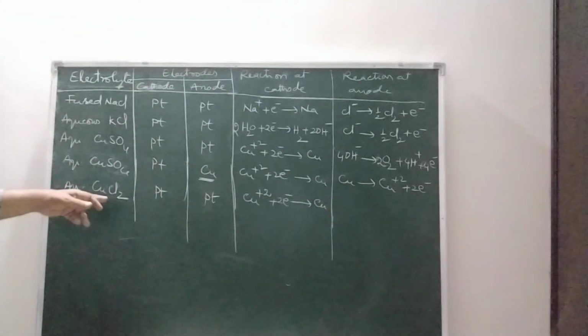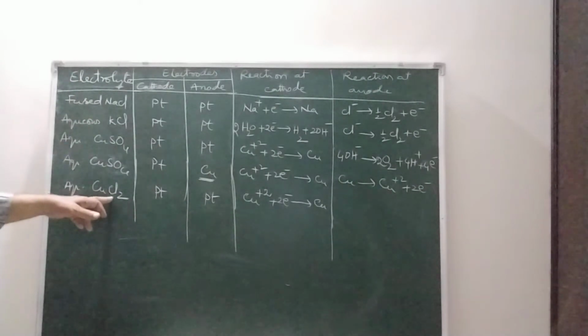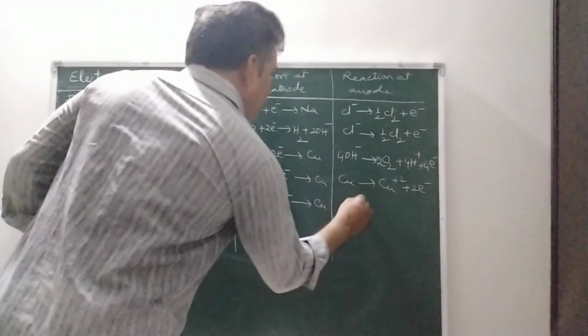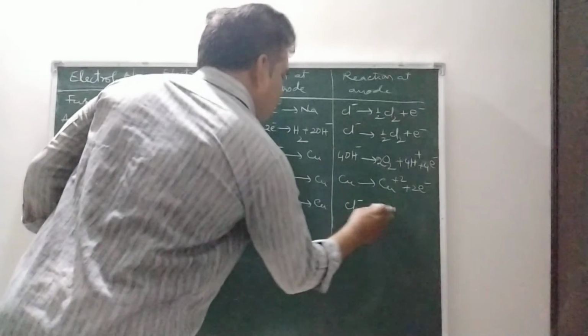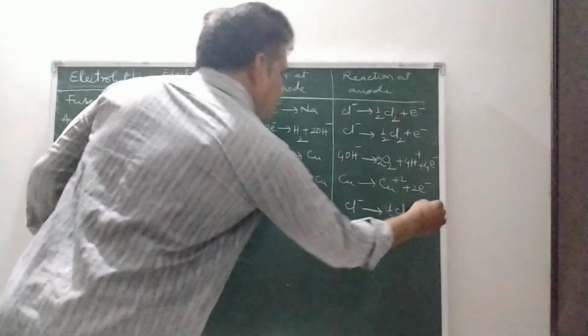And if we take Cl- and OH- ions, Cl- ions have less discharge potential. So Cl- converts into half Cl2 plus electron.